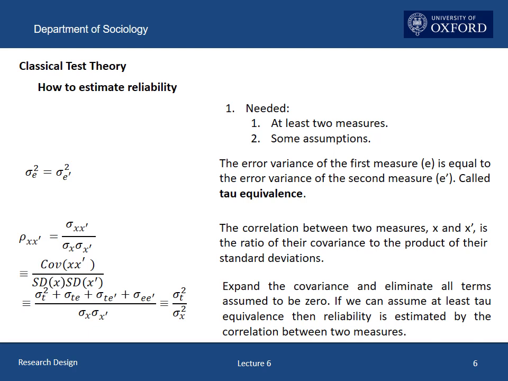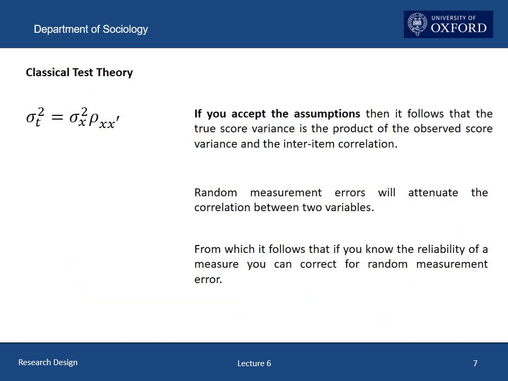In other words, true score variance divided by observed score variance. It follows trivially from that true score variance is the product of the observed score variance and the inter-item correlation.